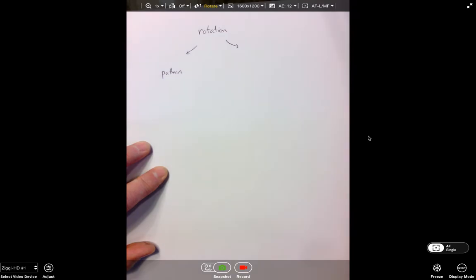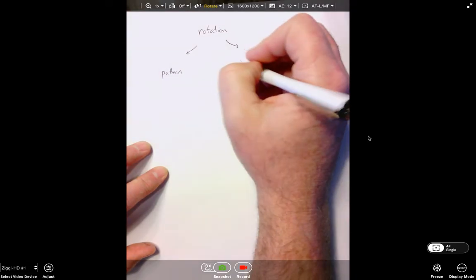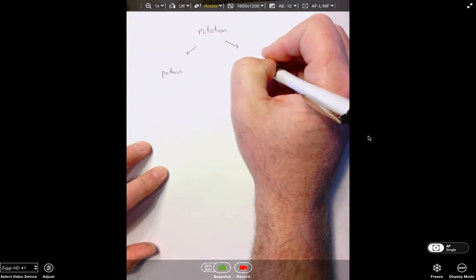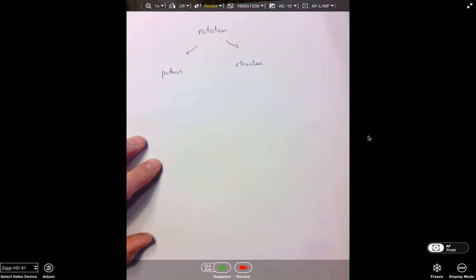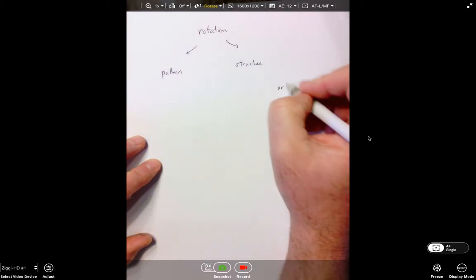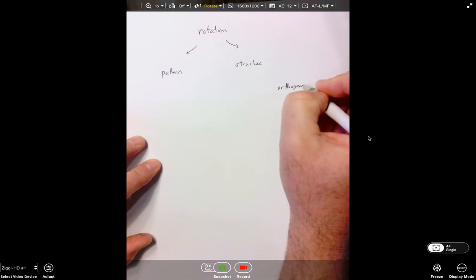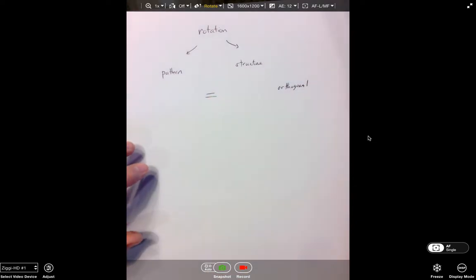We get into a pattern matrix and we get into a structure matrix. Now, for orthogonal, these two are the same.